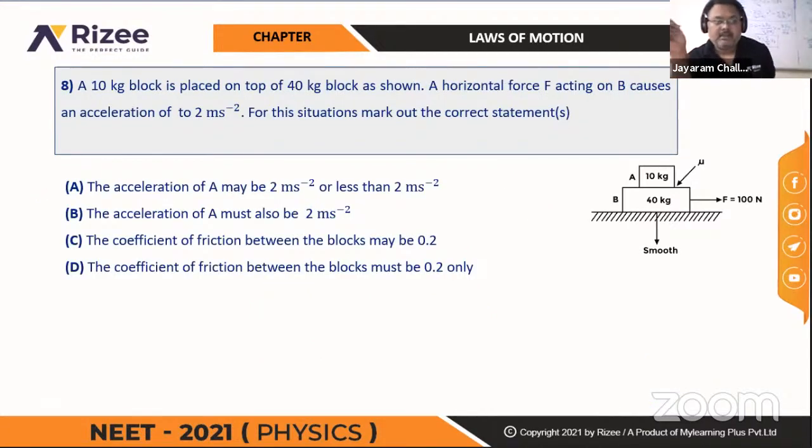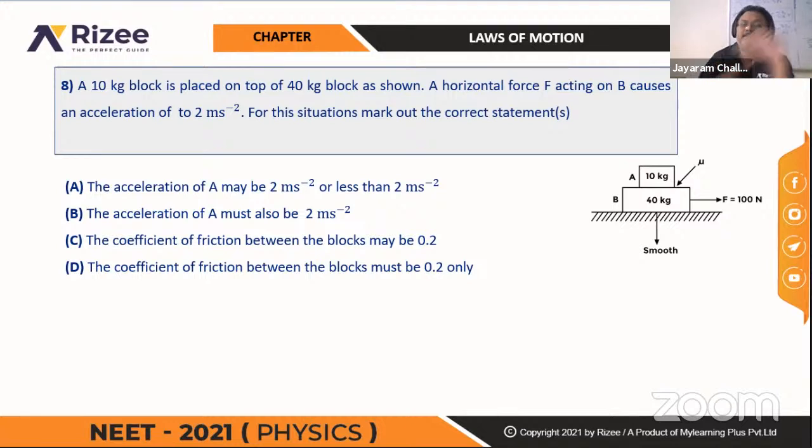Next one: a 10 kg block is placed on top of a 40 kg block as shown in the figure. A force F of 100 newtons has been applied and it is moving with an acceleration of 2 meter per second square. For this situation, mark out the correct statements.